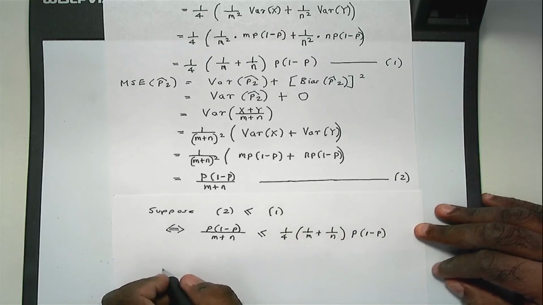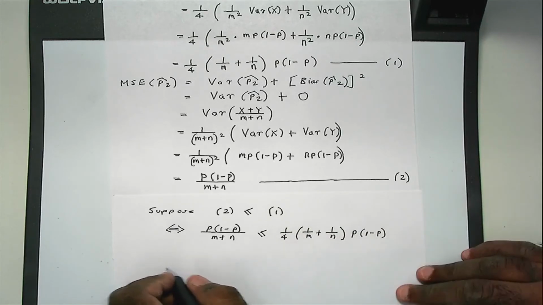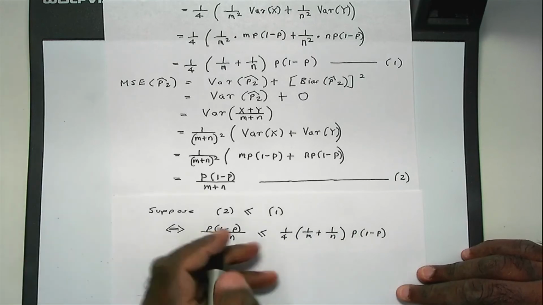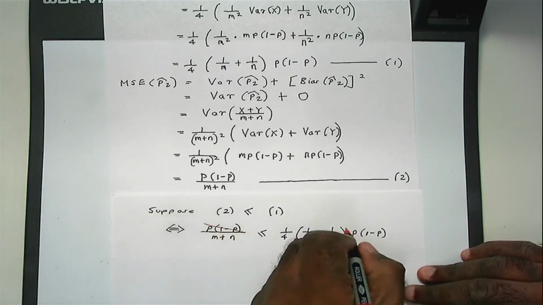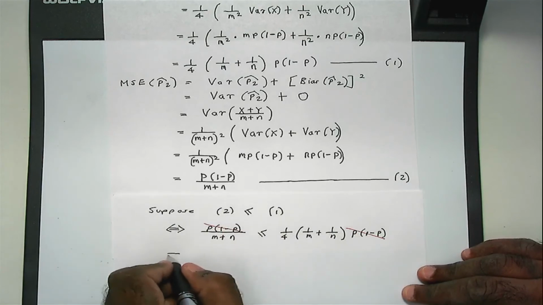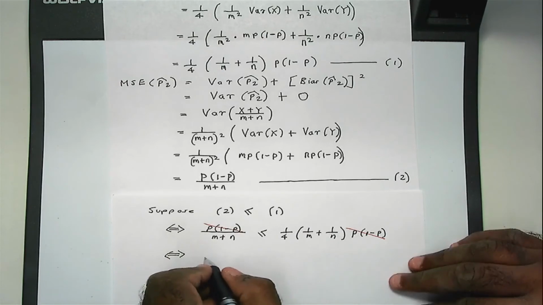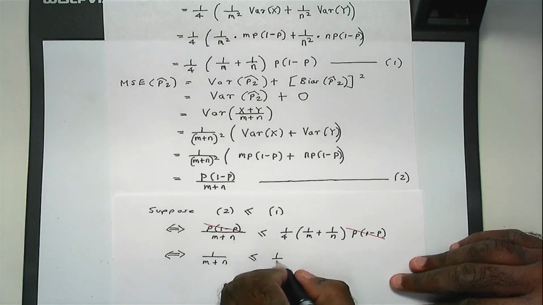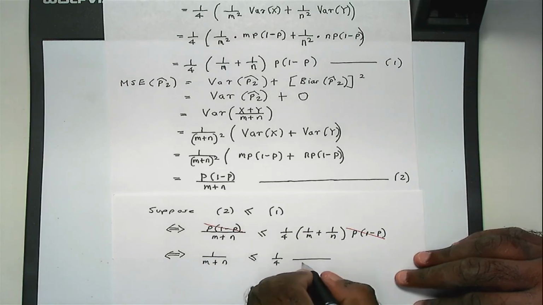Right? Alright, now let's try to simplify this. These two guys cancel. This one here cancels with this one. Alright, and so this becomes 1 divided by m plus n less than or equal to a quarter times 1 over m plus 1 over n, which is m plus n over mn, right?